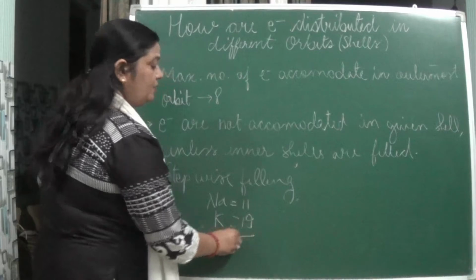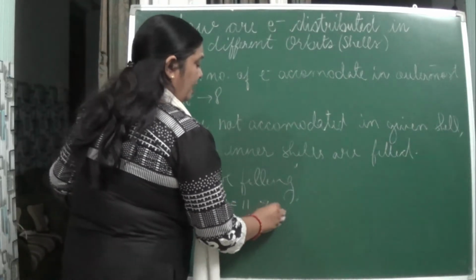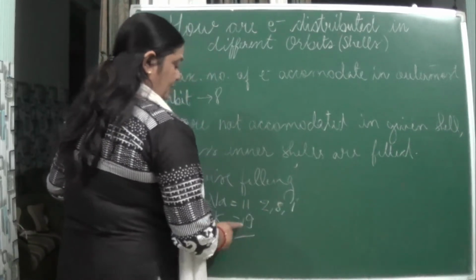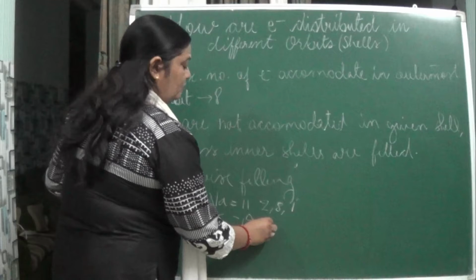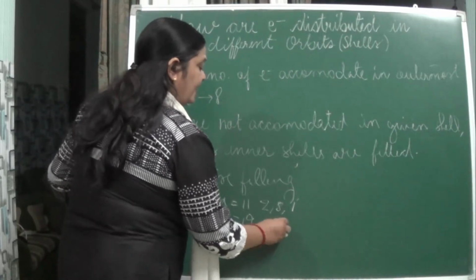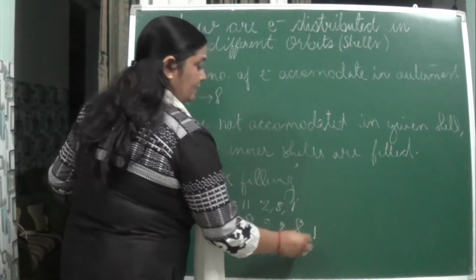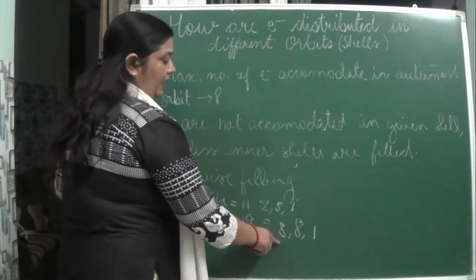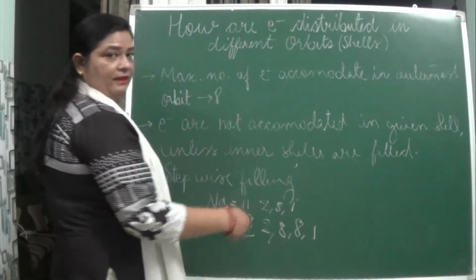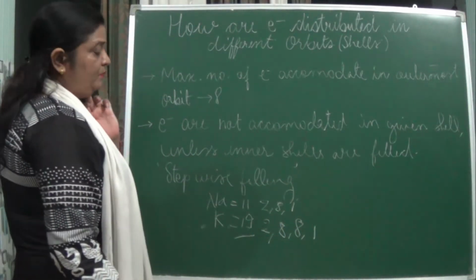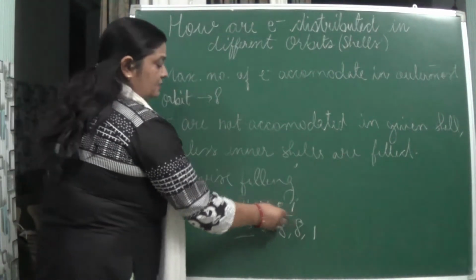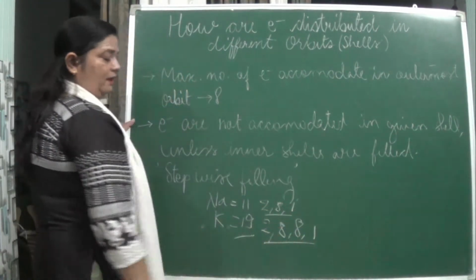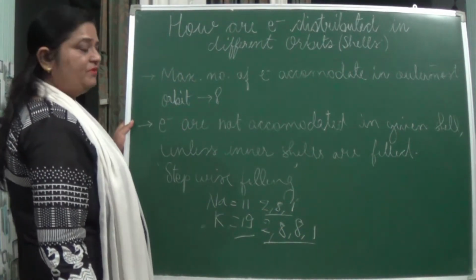Now how will you write it? For sodium it will be 2, 8, 1. Like that, in potassium we will write 2, 8, 8, 1. You will not write 2, 8 and then 18. You will arrange in this manner when writing the electronic configuration of the elements.